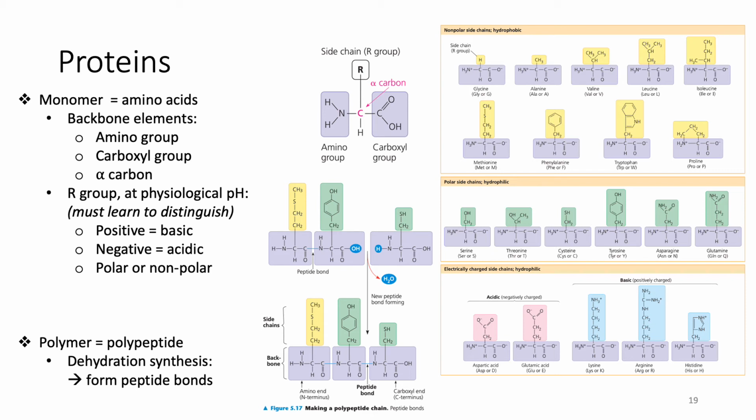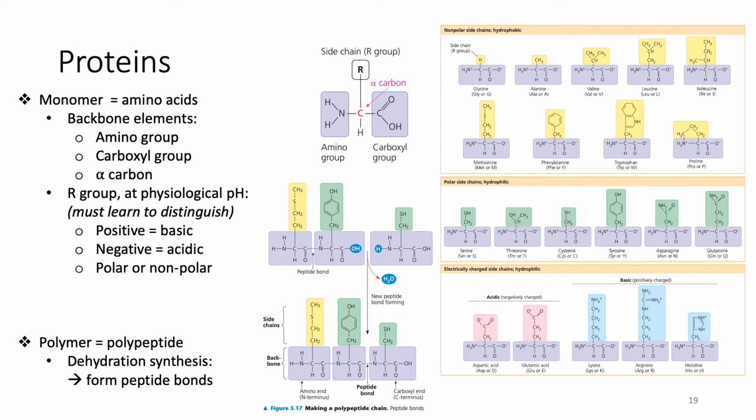In this figure, all the way on the right, the amino acids are grouped according to the properties of their side chains. One group consists of amino acids with nonpolar side chains, which are hydrophobic. Another group consists of amino acids with polar side chains, which are hydrophilic.